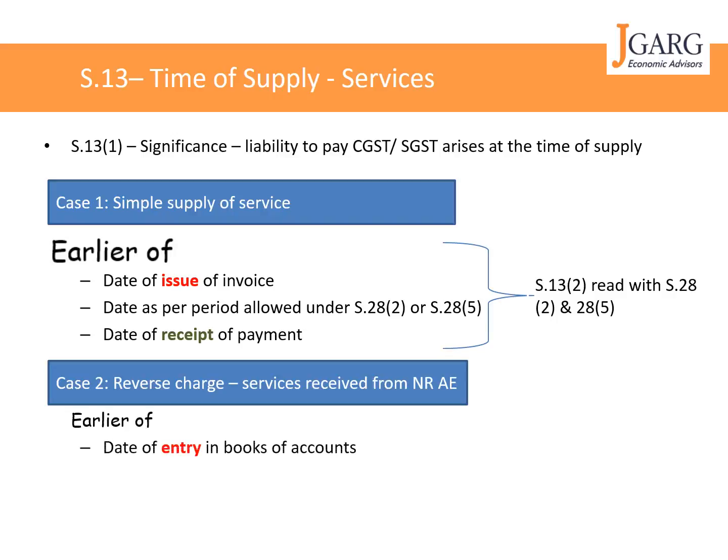The earlier of the date of entry in books of accounts or the date of payment. So whichever is earlier, whether it's entry in books of accounts or date of payment, in case of a non-resident AE, it becomes the time of supply.